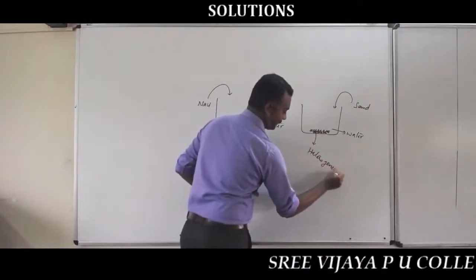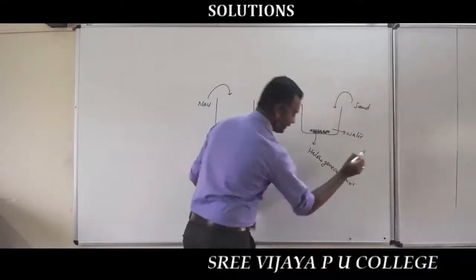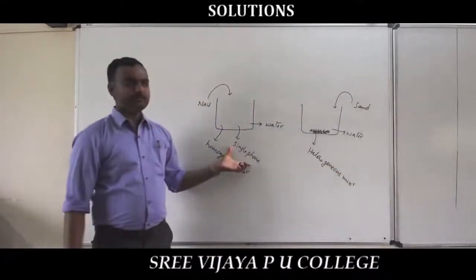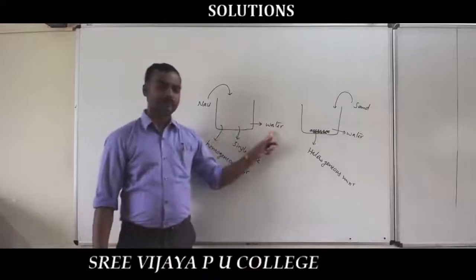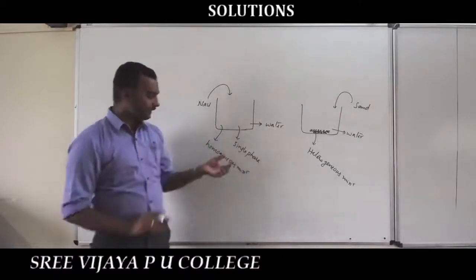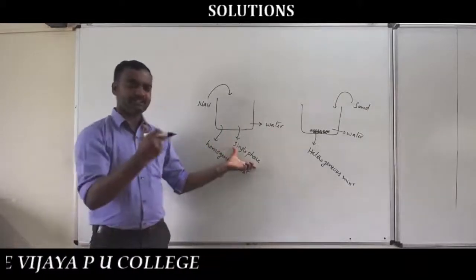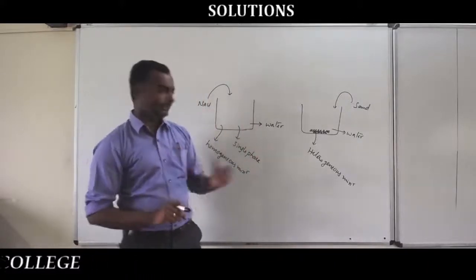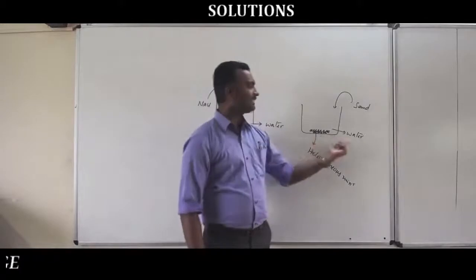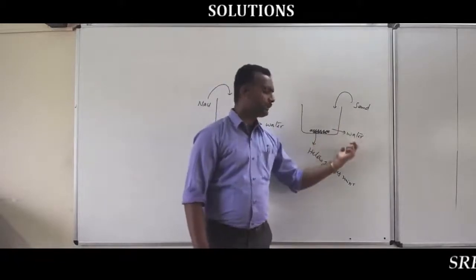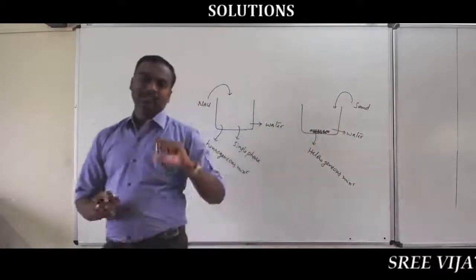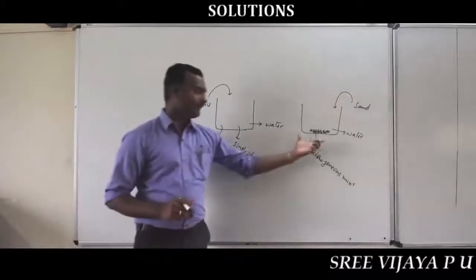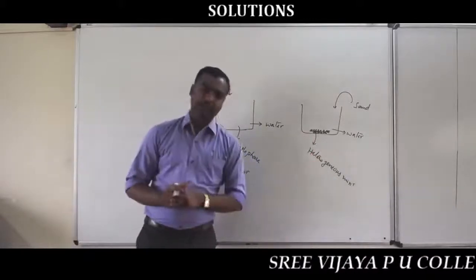A homogeneous mixture consists of 2 or more components but appears in a single phase. One phase is seen, but the number of components mixed can be more. In case of a heterogeneous mixture, we can easily distinguish the components. Sand is one component, water is one component, and you can easily distinguish the sand and water inside the mixture. That type of mixture is called heterogeneous.